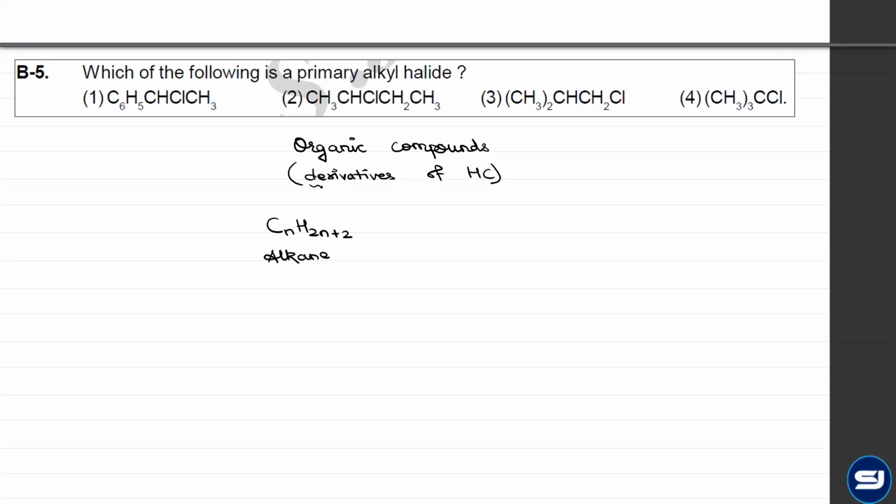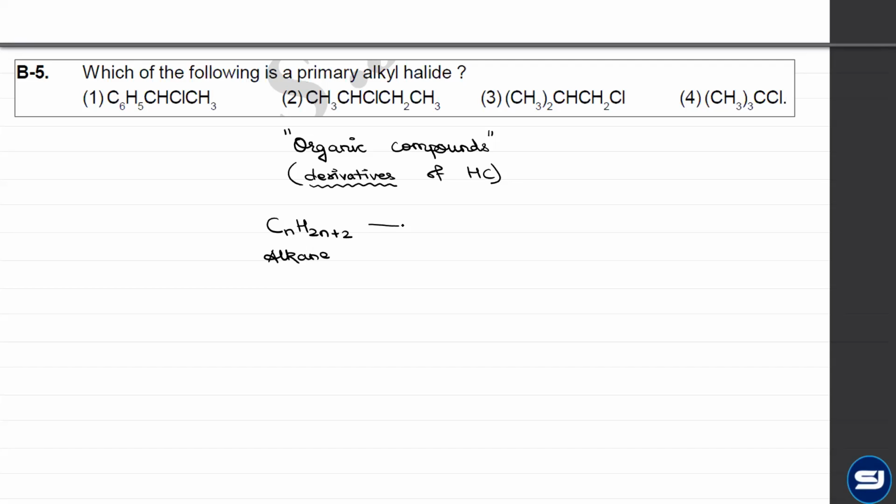Now derivative means removing one H and replacing it by some other group. To assign an identity to an organic compound, what is introduced? Functional group. Just as our identity comes from our surname, organic compounds are identified by their functional group. Functional group is the surname of an organic compound.